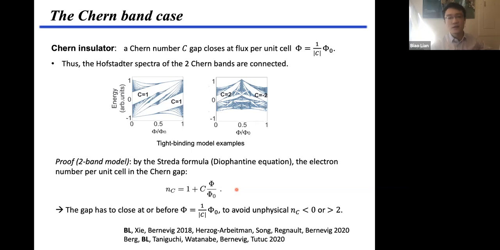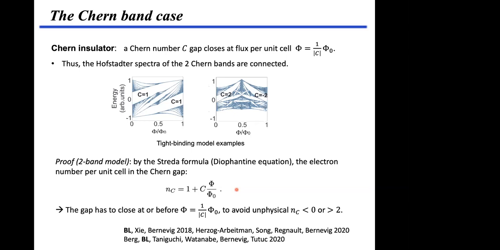If you observe a gap is closing, that doesn't necessarily mean it's a topological gap. But if you're allowed to vary the parameters of the system, those trivial closings would not be protected. Okay, thank you.